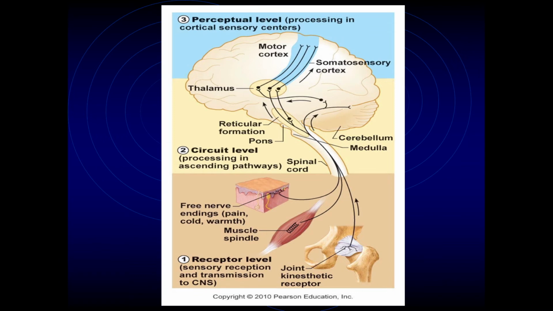Information from interoceptors enters the thalamus, hypothalamus, cerebellum, limbic system, caudate nucleus, reticular formation, somatosensory, and associated areas of the cortex.